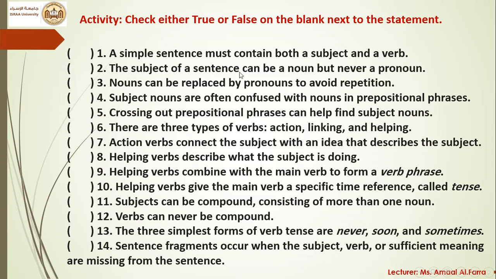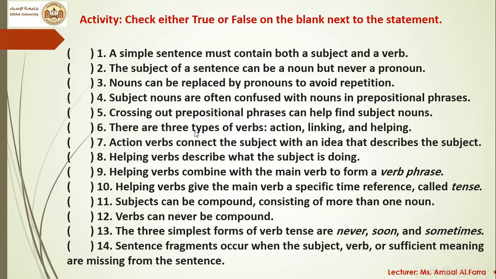The subject of a sentence can be a noun but never a pronoun. 3. Nouns can be replaced by pronouns to avoid repetition. 4. Subject nouns are often confused with nouns in prepositional phrases. 5. Crossing out prepositional phrases can help find subject nouns.